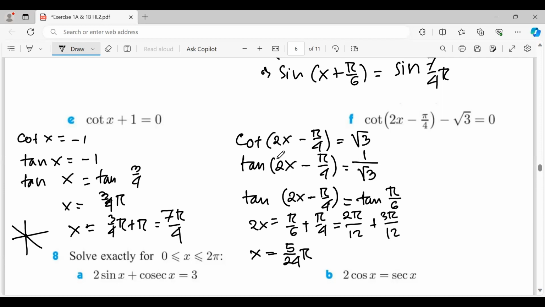Tangent is positive happening on this quadrant and this quadrant as well.